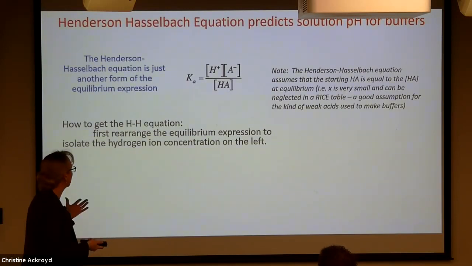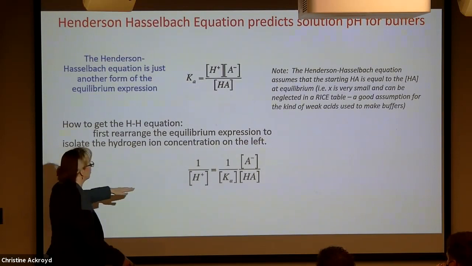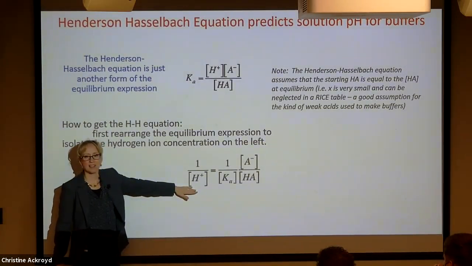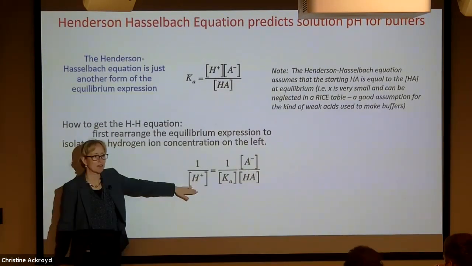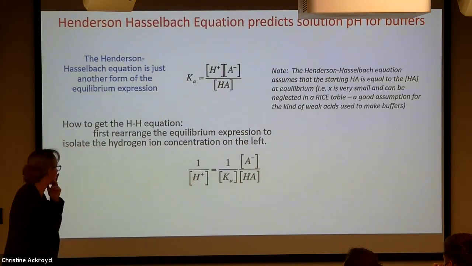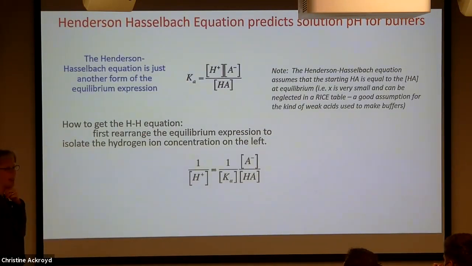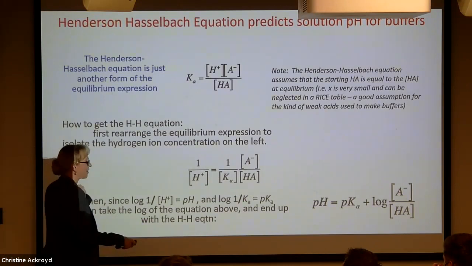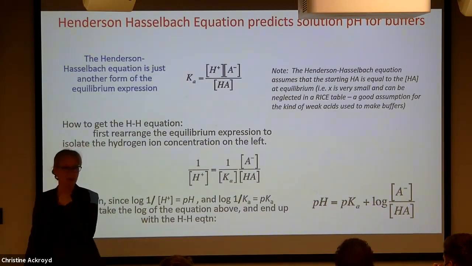So we're gonna take that H plus and put it on one side of the equation. Can you see that this is just a rearrangement of the same thing? We divided both sides by the proton concentration. Okay, now take the log of both sides. If you take the log of both sides and simplify, you actually end up with the Henderson-Hasselbalch equation.